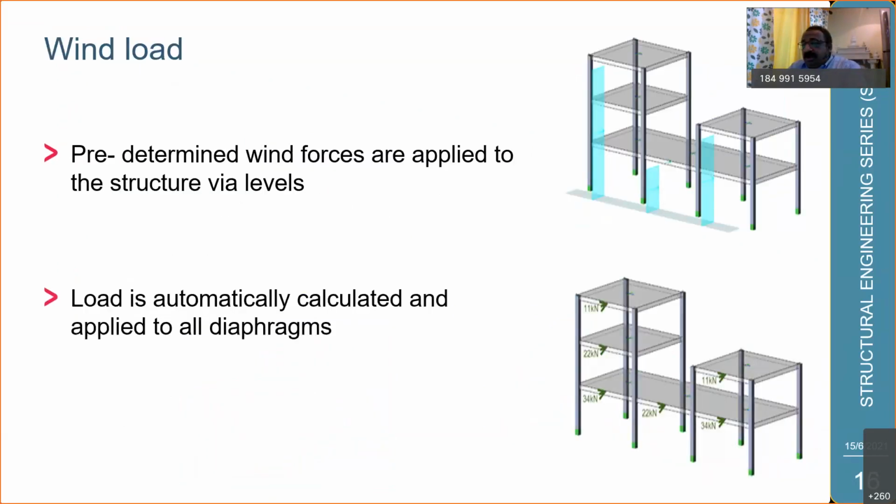And when it comes to the wind loading, one of the loadings where the simple loading to the diaphragm is possible, where easily one can apply the different types of loadings, and predetermined wind forces are applied to the structure via levels. That is possible. And most of the tools, the details are already available, and directly you can select the zone and the area, and automatically these loads can be applied.